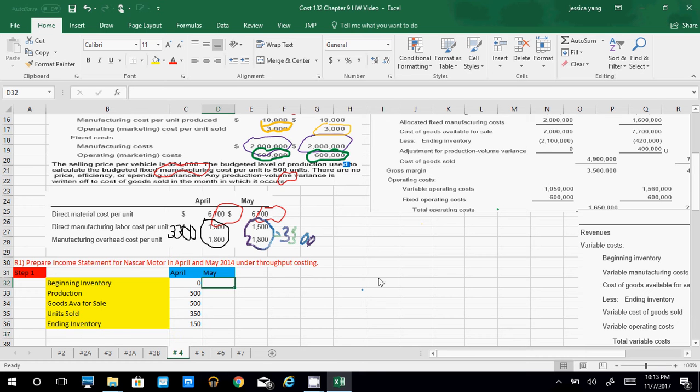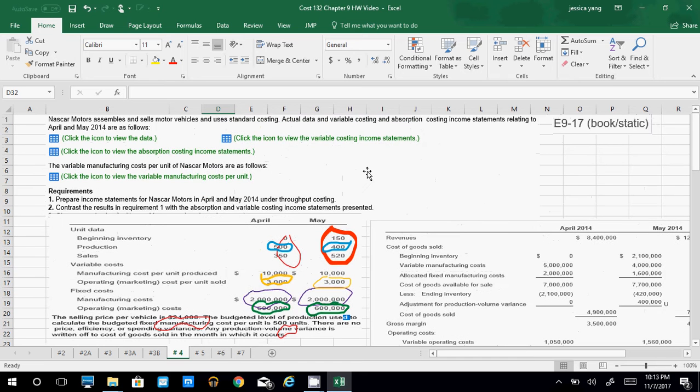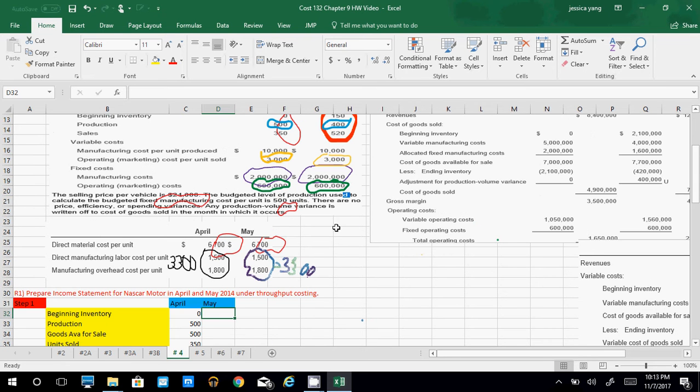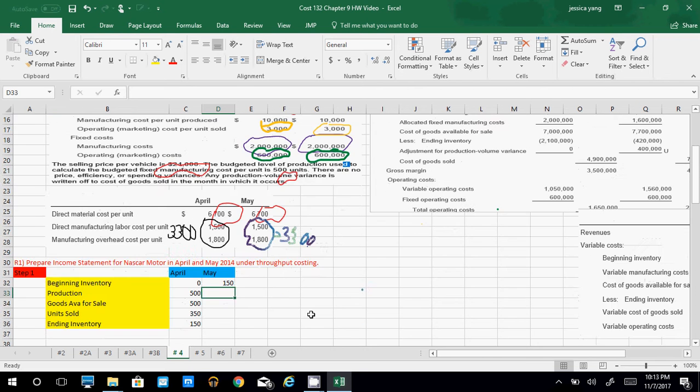Beginning inventory in May is 150 units. For production in May, there are 400 units. To get goods available for sale for May, we take beginning inventory of 150 and add our production of 400 units to get a total of 550 units.